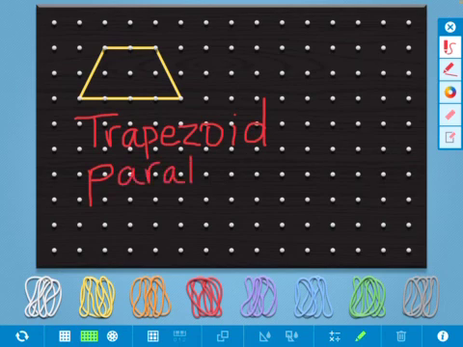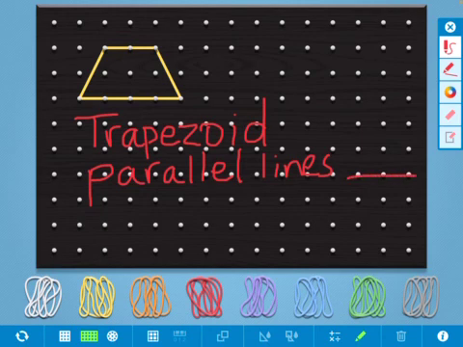Parallel. Okay, so I want to know how many sets of parallel lines there are. You don't have to write out the whole word lines if you don't want to, but I am doing it here. So how many sets of parallel lines? I just have one set of parallel lines in the trapezoid because you can see right here with these 2 different lines, that's one set of parallel lines, even though there's 2 lines.